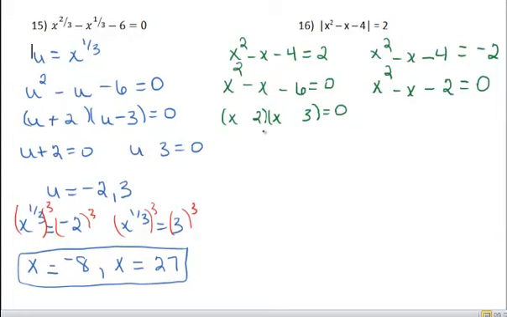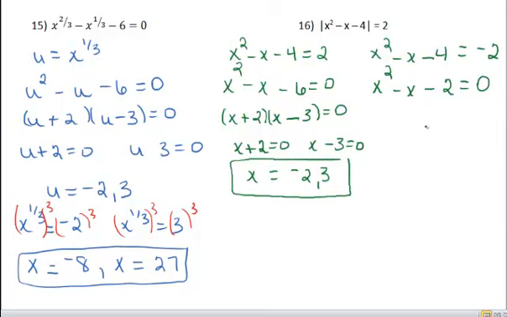This will factor into x plus 2 and x minus 3. So then we set both of those equal to 0. And we get x is equal to negative 2 and positive 3. So there's 2 of them.